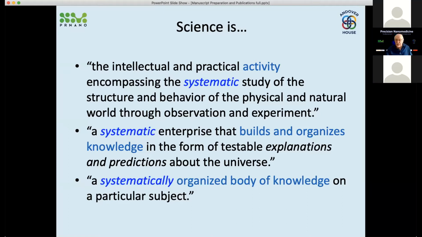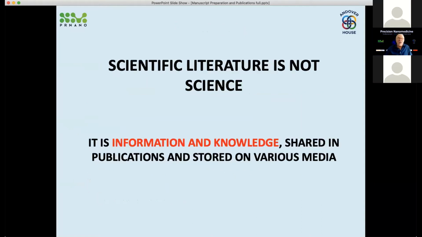There is a reason for that, because everything that is outside of this body of knowledge is not really available. So that shows that the scientific literature itself is not science. It's just a more or less organized body of knowledge and information.